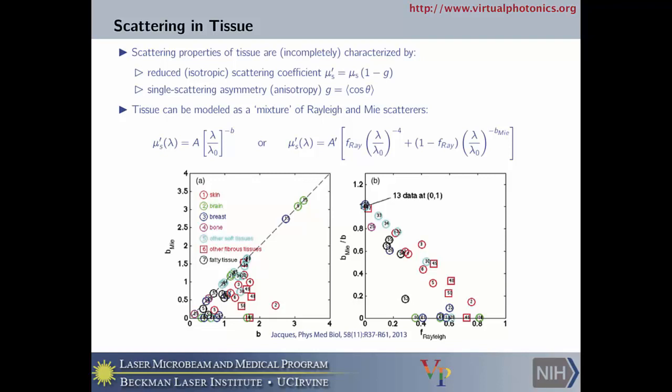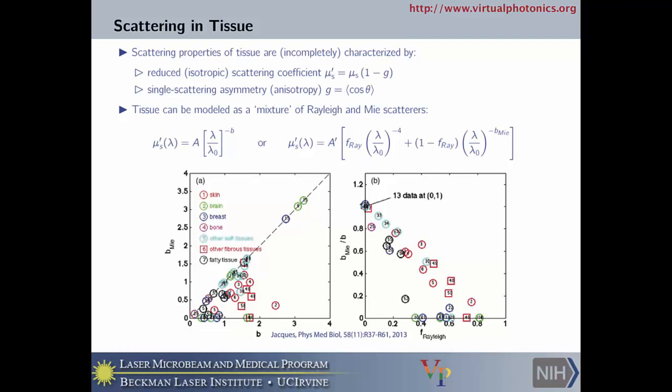In diffuse optics, where we use, say, the standard diffusion approximation, often what we are interested in is something called the reduced scattering coefficient mu sub s prime. And that is the product of mu s times (1 minus g), where g is something called the single scattering asymmetry or anisotropy coefficient, which is the average cosine of the scattering angle.